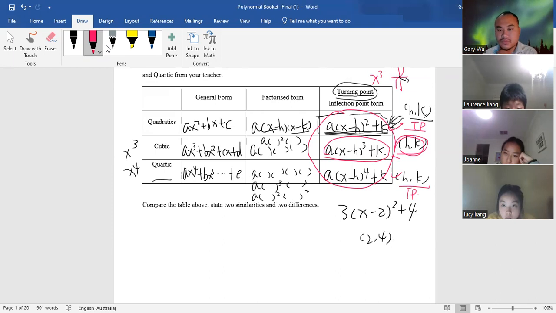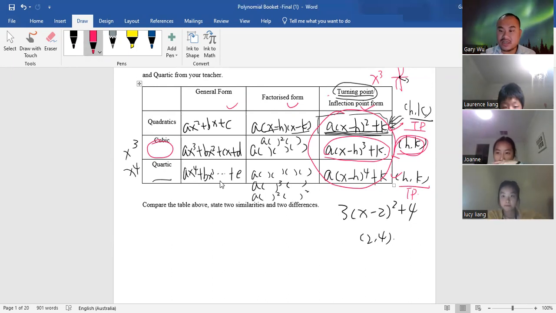So we're going to talk about cubic today, which has general form, factorized form, and inflection point form. I will talk about the last one first because that will be easiest for us, because we learned how to use DRT, dilation, reflection, translation, to sketch. We will use the same strategy to sketch them.